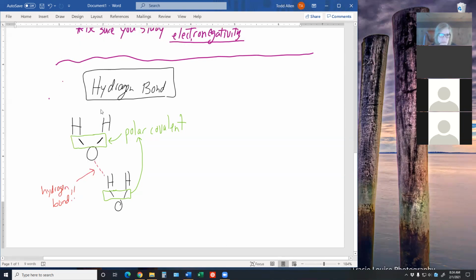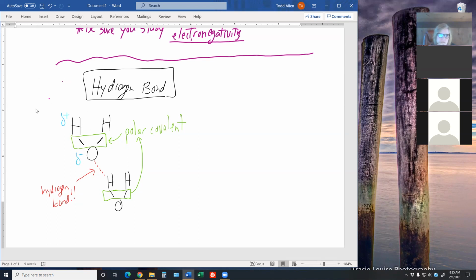If we think about the top water molecule, there's going to be an unequal sharing of electrons between the top hydrogen and the top oxygen. That means that the hydrogen atom is going to become very slightly positively charged because most of its electrons spend most of their time around oxygen, which means oxygen takes on a slight negative charge.